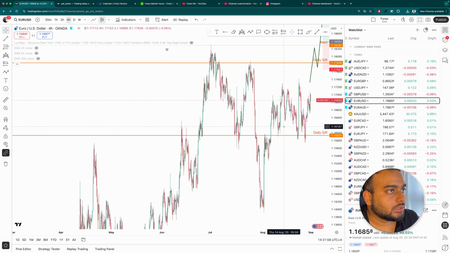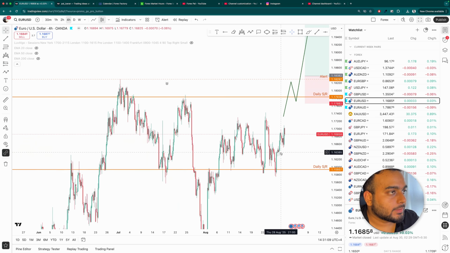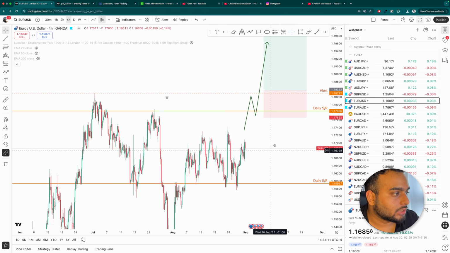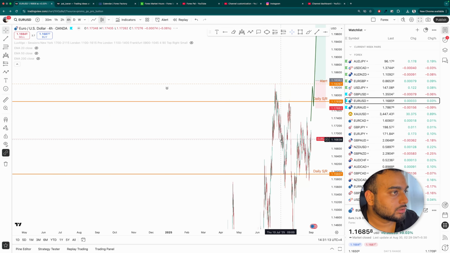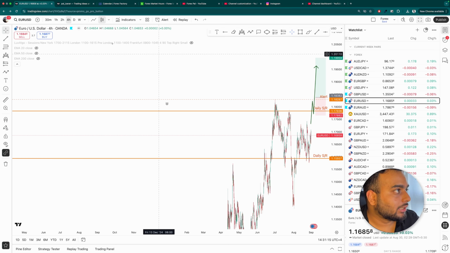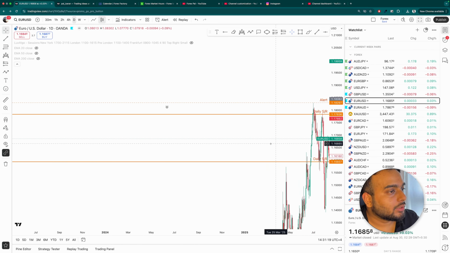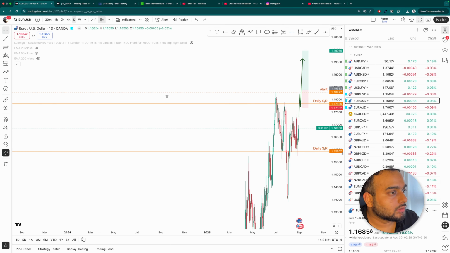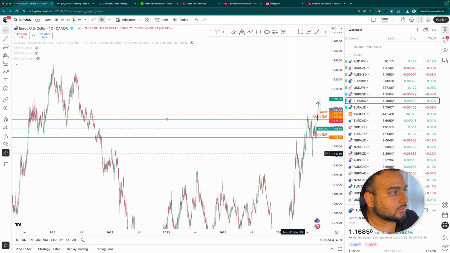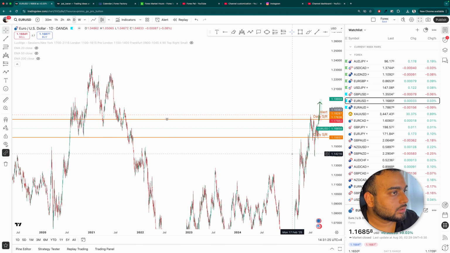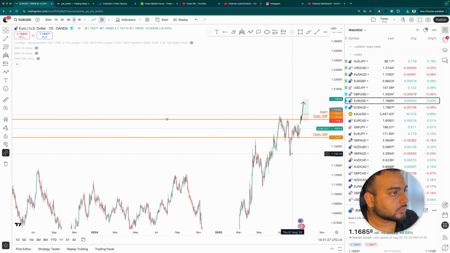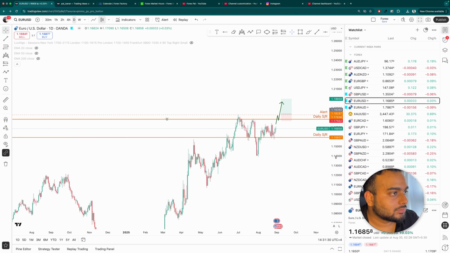Euro USD. Okay. The price never got the chance to come up that much. I'm still interested to actually trade after a breakout, but the thing is, the chart is telling you a story.